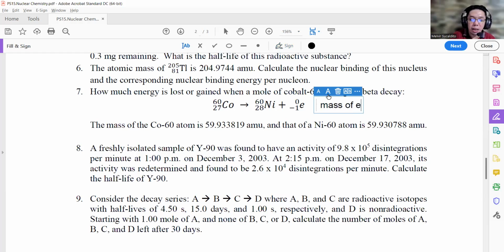Mass of electron is 0.00055 AMU. Okay, good.